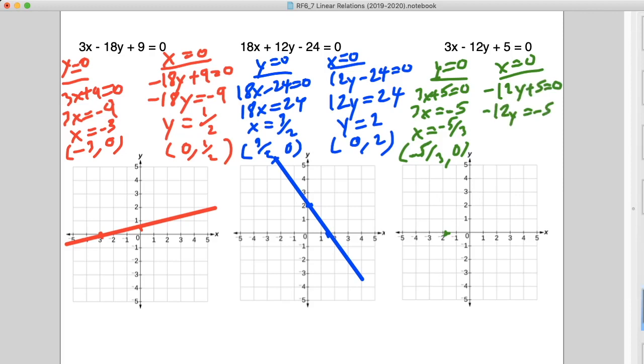Then divide both sides by negative 12. Negative divided by a negative is a positive number, so I'll end up with 0, 5/12 as my ordered pair. So 5 over 12 is just under 1/2, so I'm going to go somewhere over here. And we can draw a line through those 2 points.